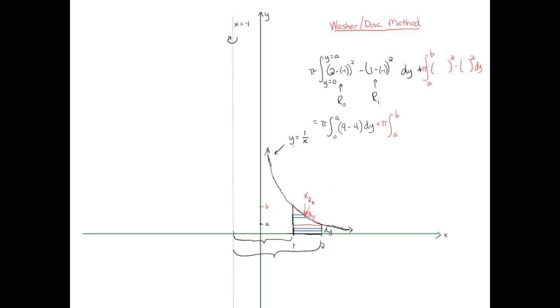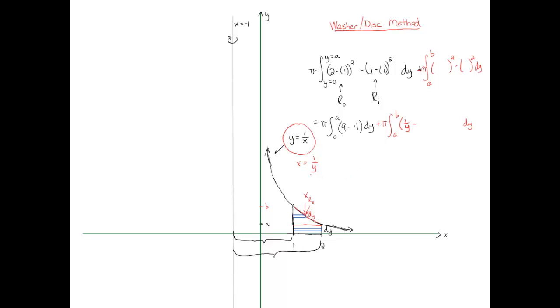So what I need to do is find out what x is, solve for x so that I can write it in terms of y, because remember, this is going to be a dy here. So I need to solve for x here. So I'll multiply both sides by x and divide both sides by y, and I get x equals 1 over y. So this tells me that my outer radius is x here, but I know that that is actually 1 over y.